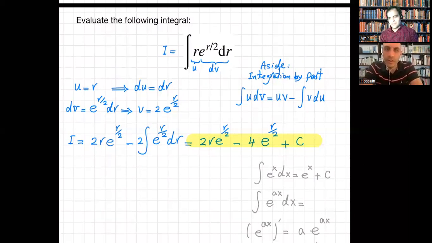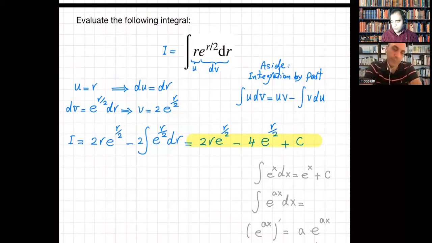Right, I know what you mean. Like here, if instead of choosing u equals r, you choose u equal to e to the power of r divided by 2, for example, then the degree is going to grow instead of reducing. Yes.